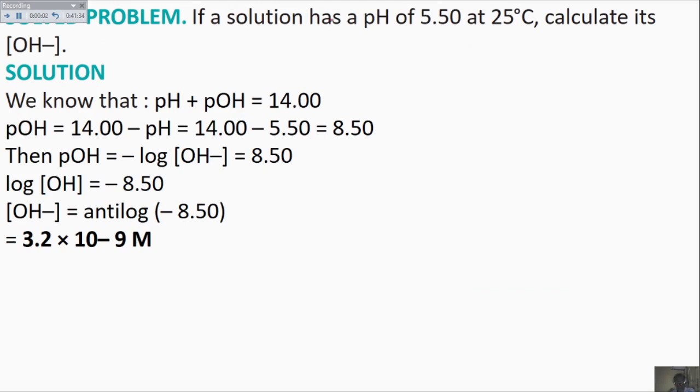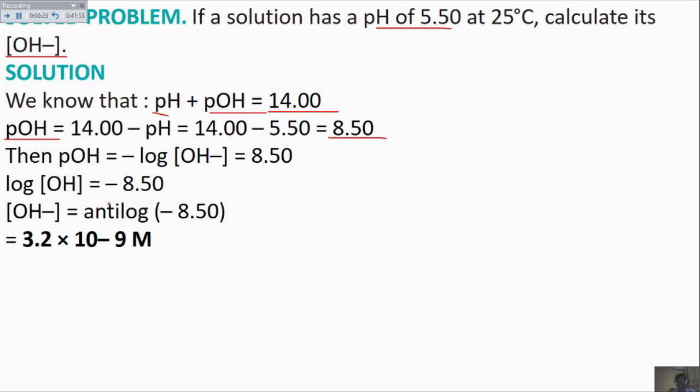Now, if you are given the pH and have to calculate the pOH, look at it: pH plus pOH equals 14. In this particular case, we get our pOH by saying 14 minus pH.